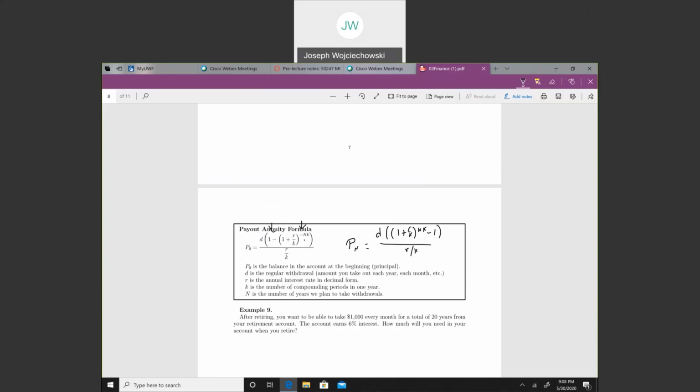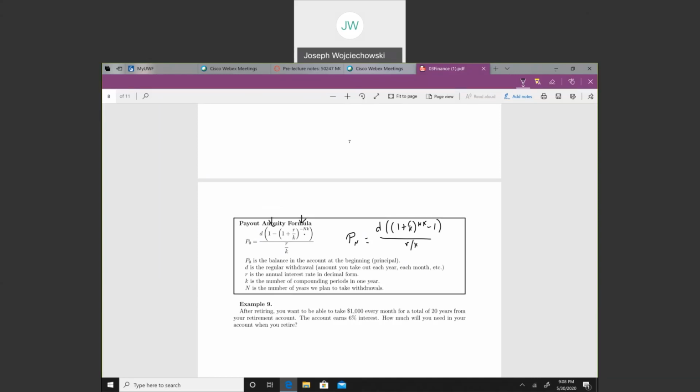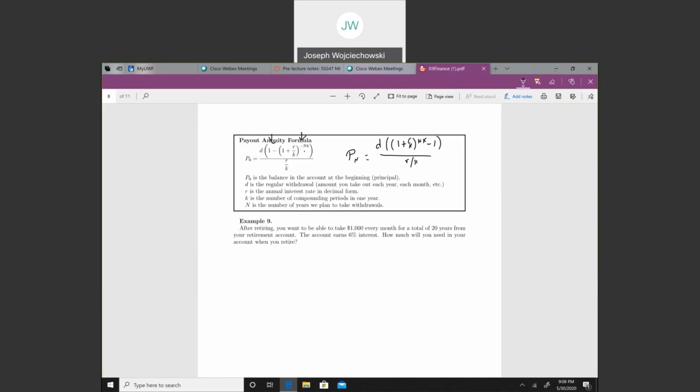So let's look at what we have here. After retiring, you want to be able to take $1,000 every month for a total of 20 years from your retirement account. The account earns 6% interest. How much will you need in your account when you retire? Label this so you don't get confused.